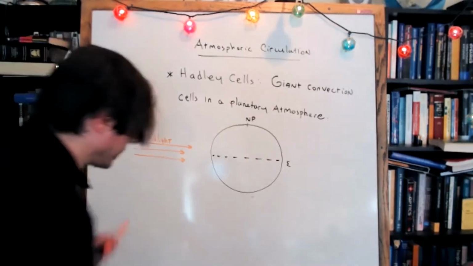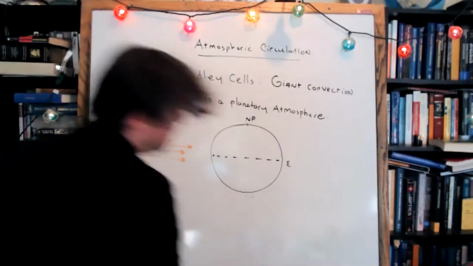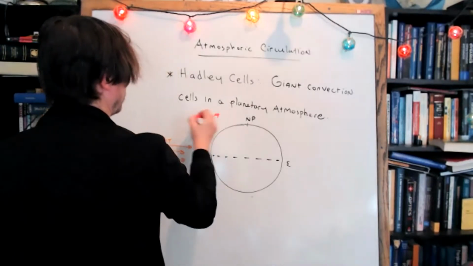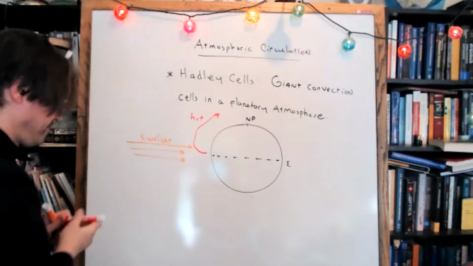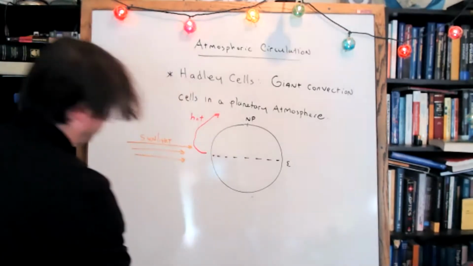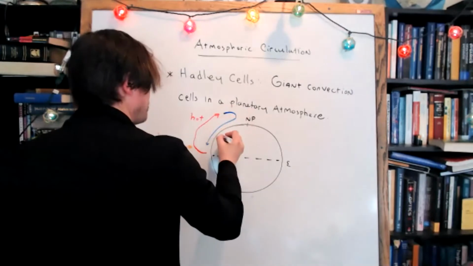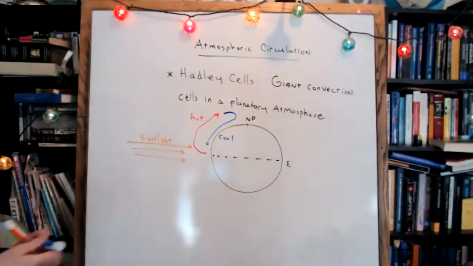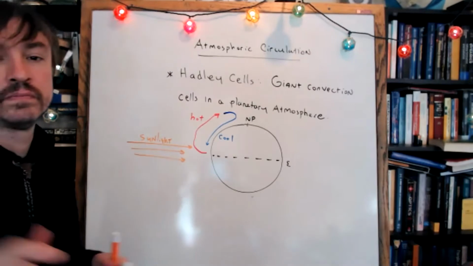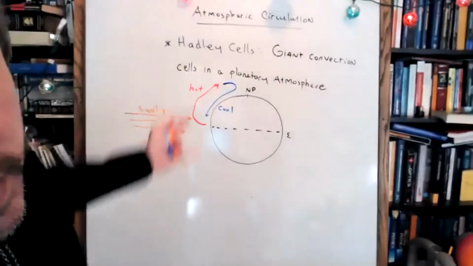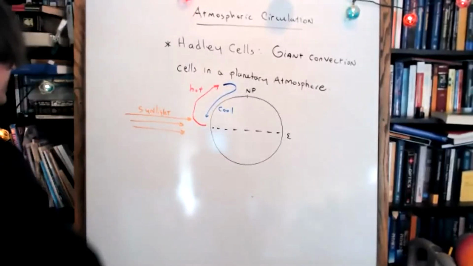Then we have the ground heating up, displacing hot air along the equator and cool air along the surface from the poles. On Venus, which has no rotation, there's one Hadley cell per hemisphere.